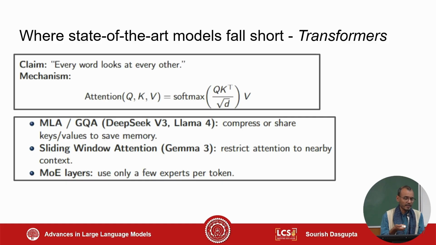However, if you look at sliding window attention, that's another technique which is also used in Gemma 3. It restricts the attention to nearby context. So that's how they achieve the performance.